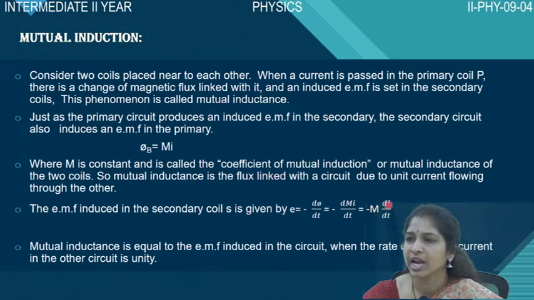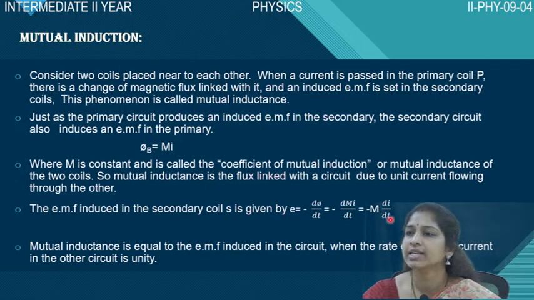So if di by dt is 1, I can write M equals E. See, only magnitude I am taking because this negative sign indicates the direction of this EMF. It opposes the original cause. So only magnitude if I take, E is M di by dt. If this di by dt is 1 ampere unit change in the current, then M is E. So how can I define this mutual inductance?